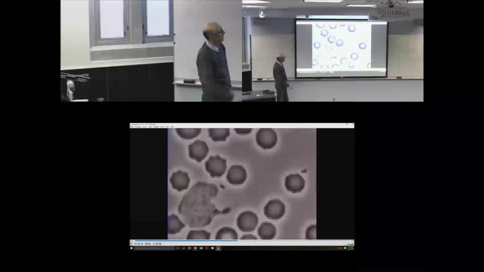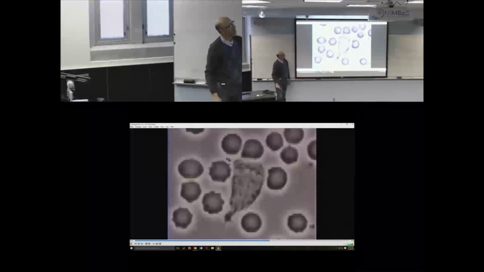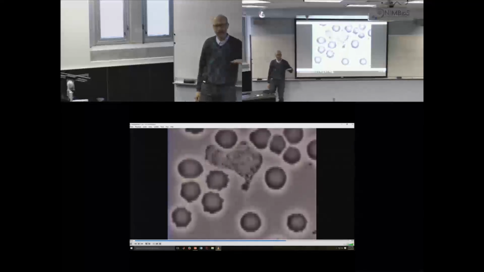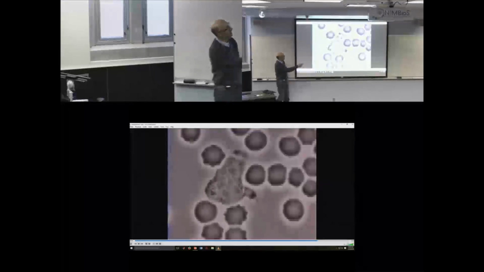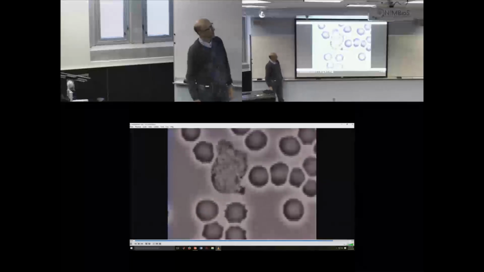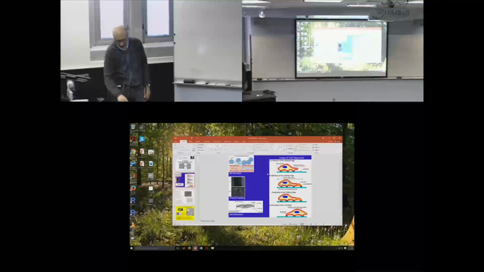And all around it are red blood cells. Note that this neutrophil is not swimming, it's crawling on the inner surface of a blood vessel. And in the end, it gets the bacterium with a satisfying sound. As I said, this is one of the most famous movies on the web.